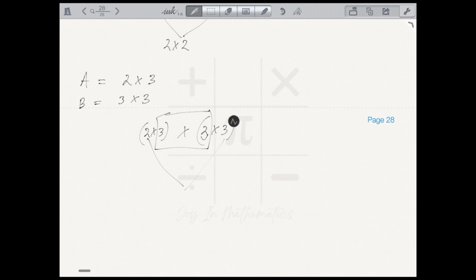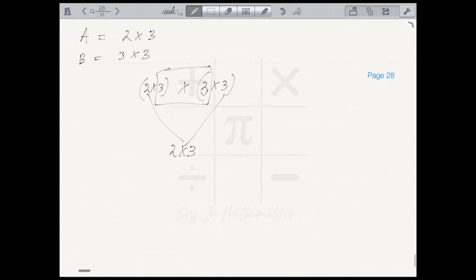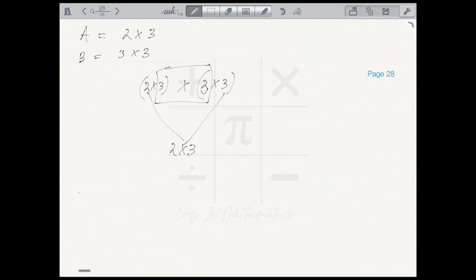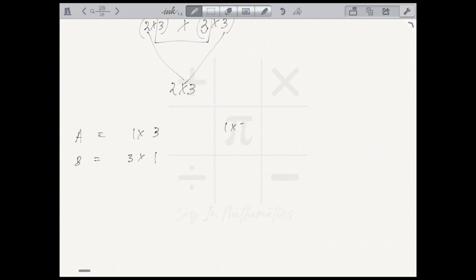A 2 by 3 matrix. Yeah, it's quite fun. And let's take another example. Let's say we have a 1 by 3 matrix and B is a 3 by 1 matrix. So we have 1 by 3 multiplied by a 3 by 1. What will be the result? Yes, it's possible, right? Then the result will be a 1 by 1 matrix.